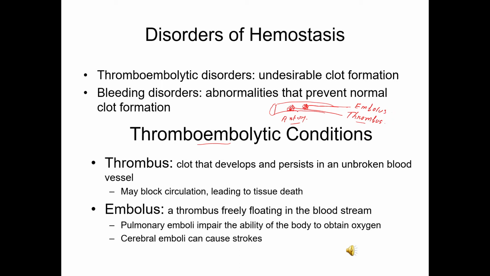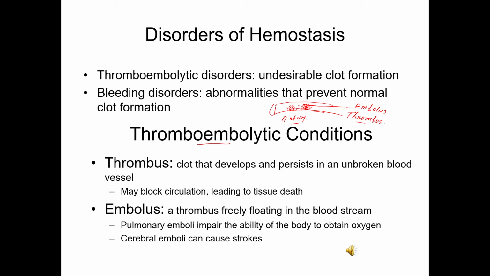Now embolus is more dangerous than the thrombus. Why? Because this embolus will now move inside the circulatory system or inside the blood vessels, and from here it can go to the heart or to the brain, and you know those are two very important organs, most important organs of your body, and can block the artery of the heart or the artery of your brain.